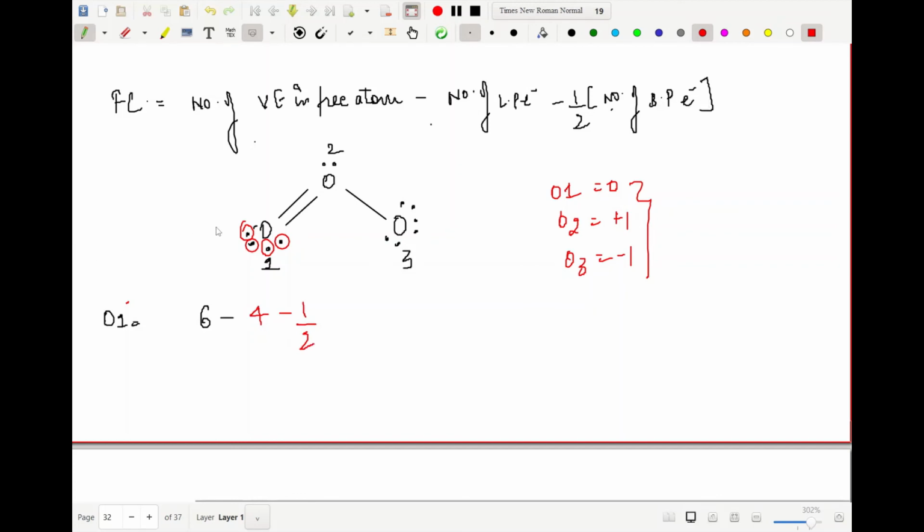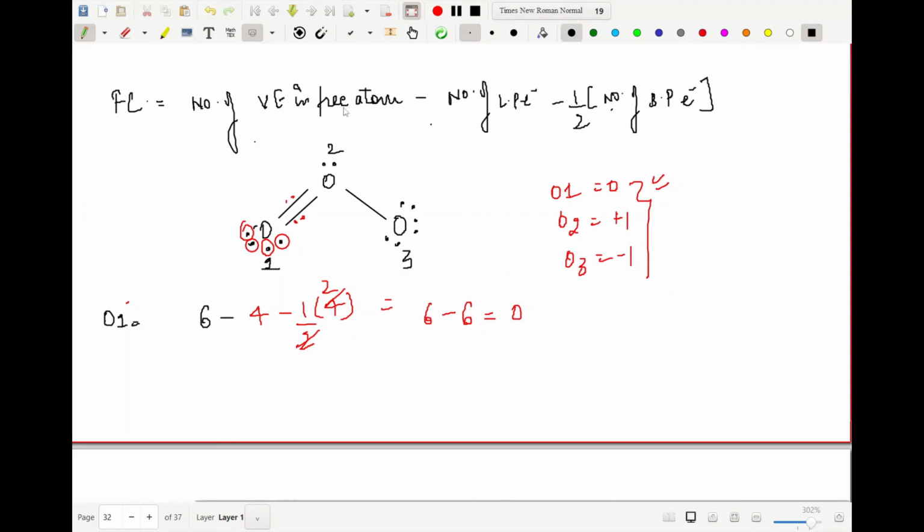Oxygen 1 is actually forming two bonds, which means 1, 2, 3, 4, so 4 electrons are actually involved in bonding. So we have multiplied by 4, giving 6 minus 6, 0. So 0 is the formal charge in case of oxygen 1, which we have already understood by the physical definition, but I think it is important to understand by the mathematical definition also.